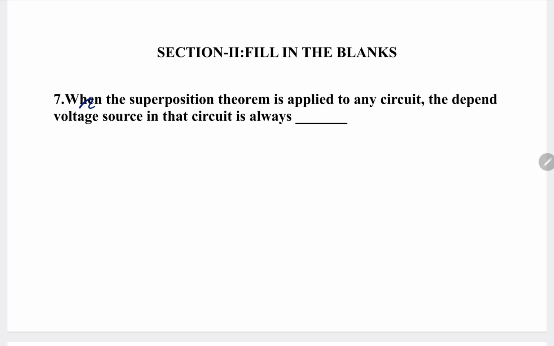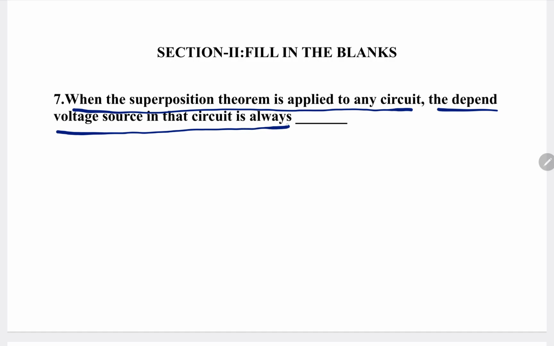First question. When the superposition theorem is applied to any circuit, the dependent voltage sources in that circuit are always dash. Whenever we apply the superposition theorem, we usually keep one source active and replace all other sources with their internal resistance.